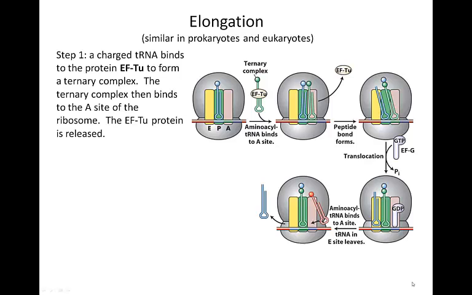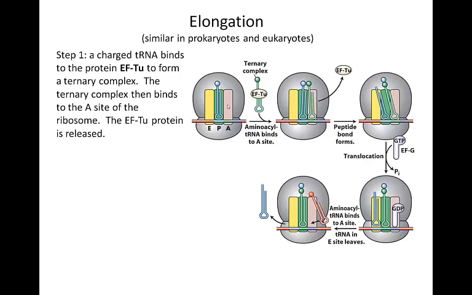Next, we come to elongation. This is the product of initiation. We've got the initiator methionine transfer RNA in the peptidyl site with a methionine amino acid bound to it. The A site is available for the next transfer RNA to come and bind to, but the thing that is capable of binding in that A site is something called a ternary complex.